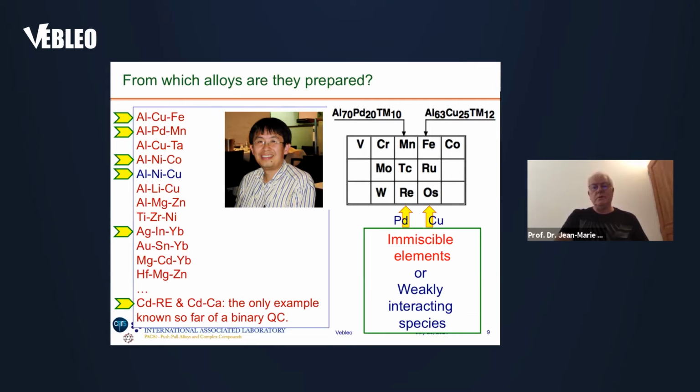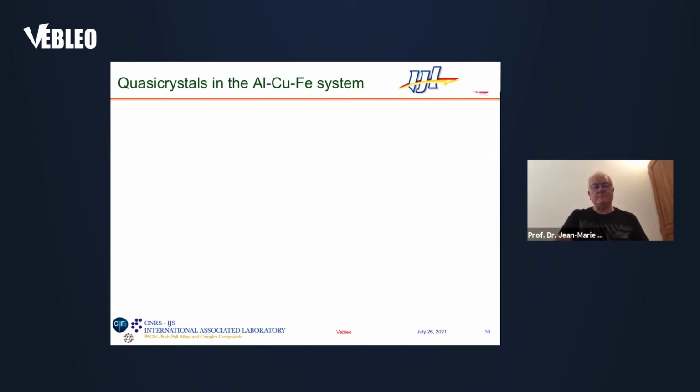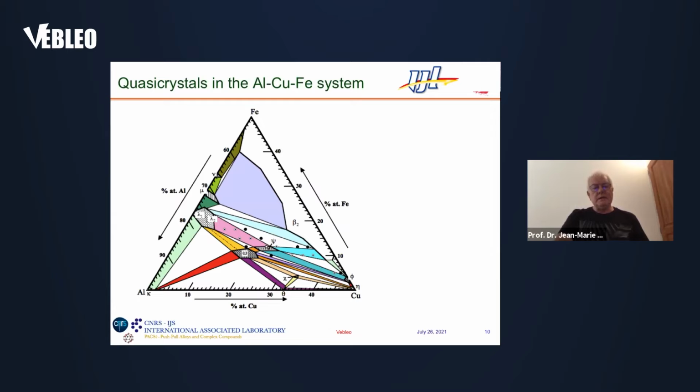Again, I have no time to go into this. I show you here the aluminum-rich corner of the aluminum, copper, iron system. Iron and copper form no compound, whereas they form compounds with the third one, aluminum. These compounds are shown here.